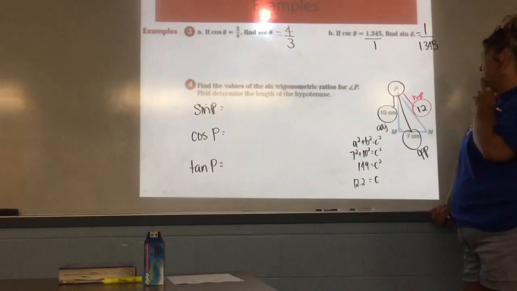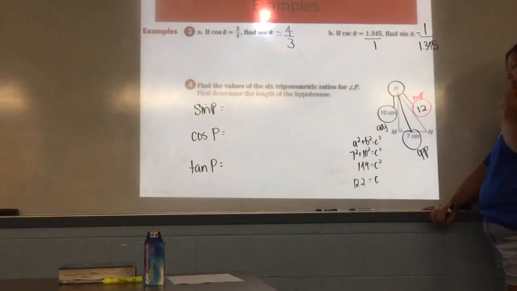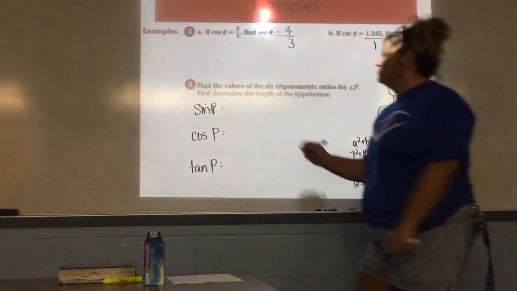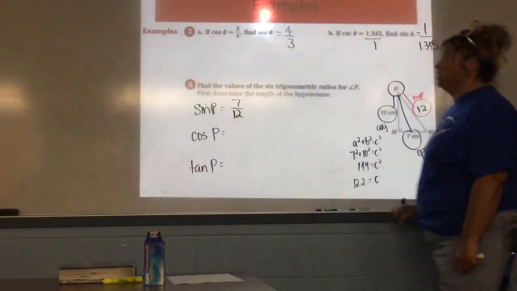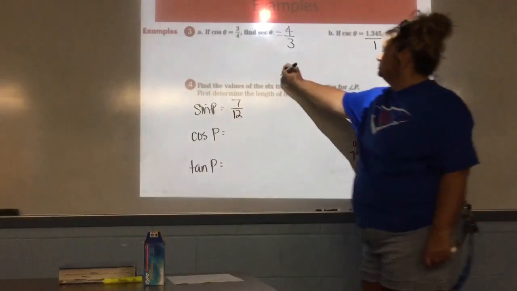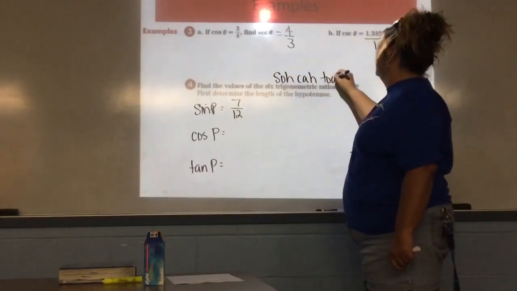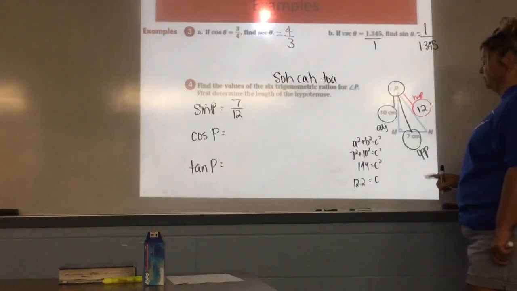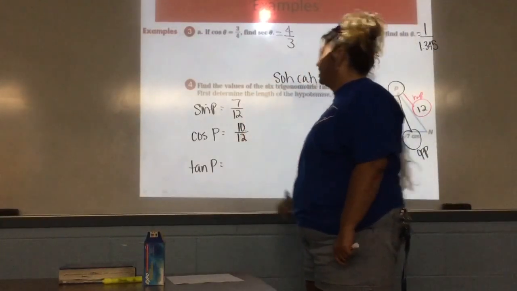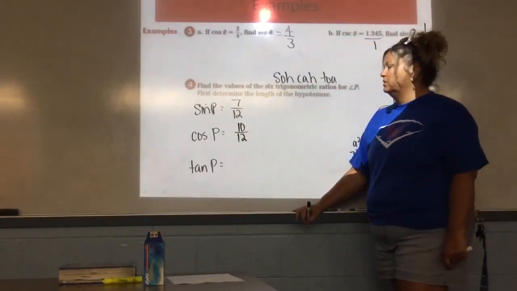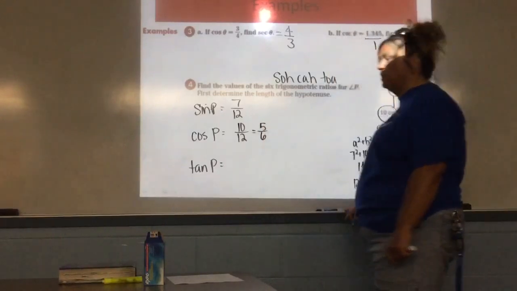So 7 over 12. Cosine is what over what? Adjacent over hypotenuse. What is adjacent? 10 over 12. Can I reduce that? Yeah, 5 over 6. Always reduce if you can.